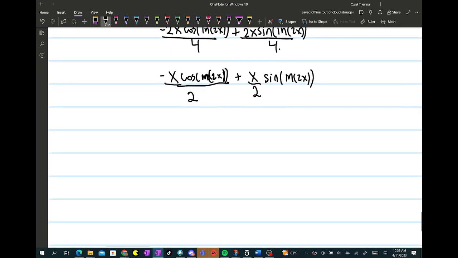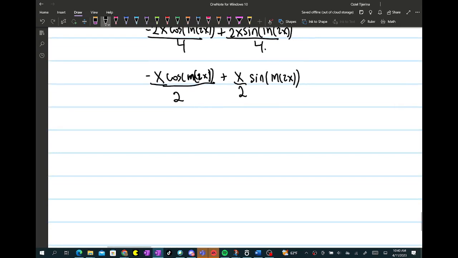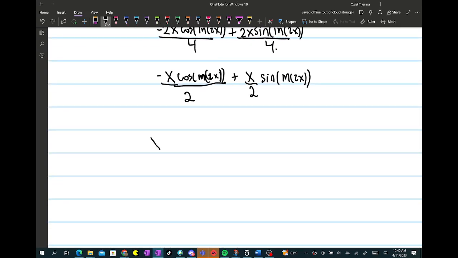If I grab the x over 2 out, this is x over 2 times negative cosine of ln of 2x, and then plus sine of ln of 2x. And I believe this is the final answer.